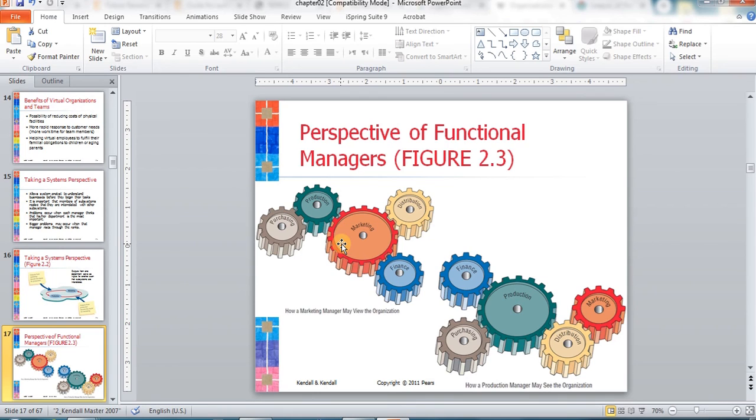So from a certain point of view, each one of these two departments is the most important to achieve a certain objective. But which one of them is the most important? You cannot say that one of them is more important than the other. The company needs both of them.